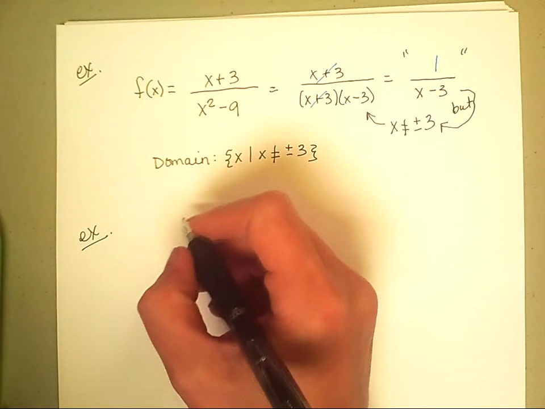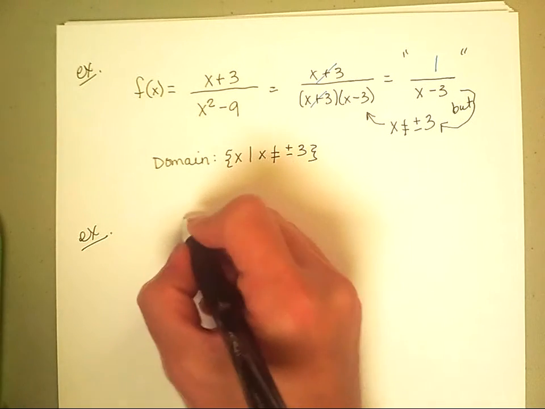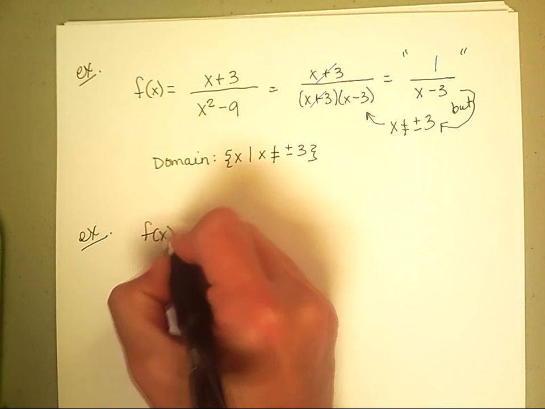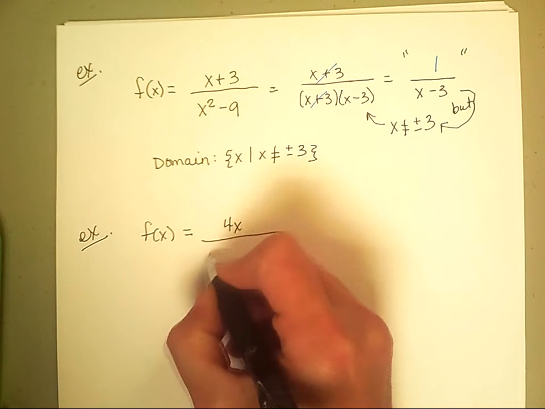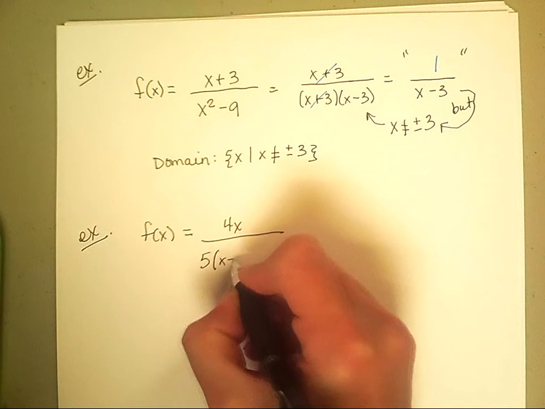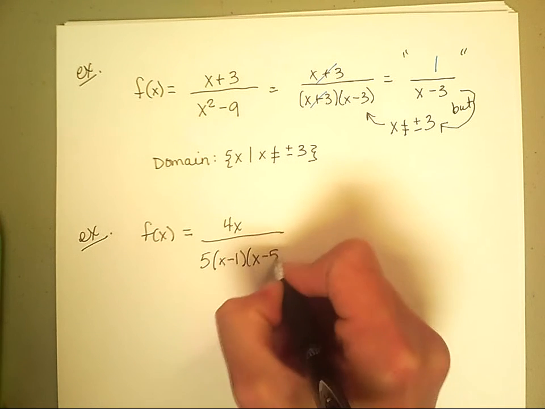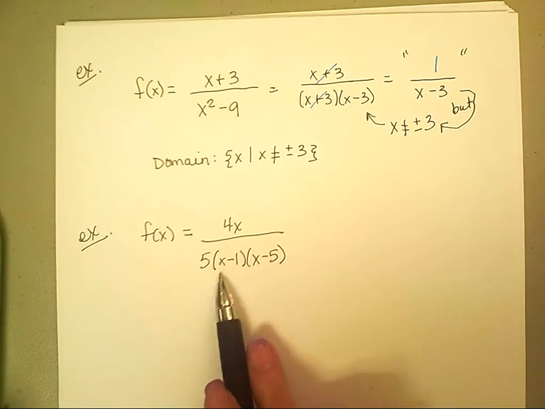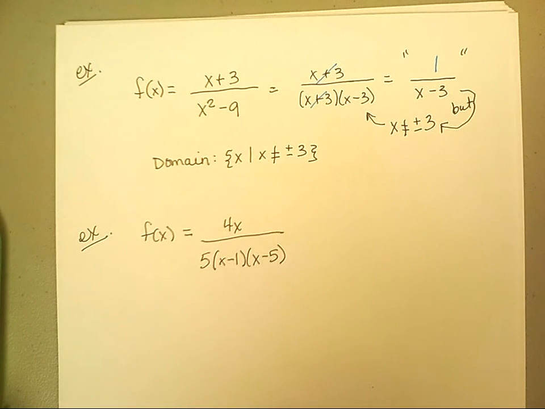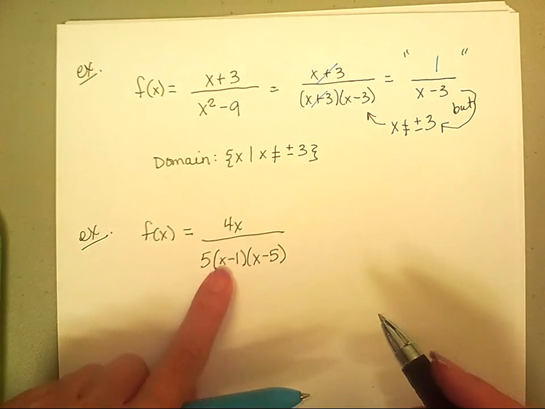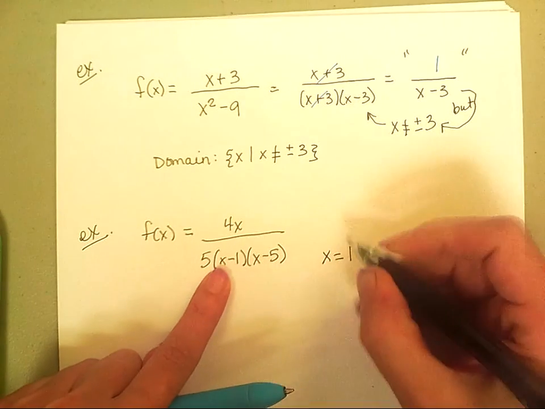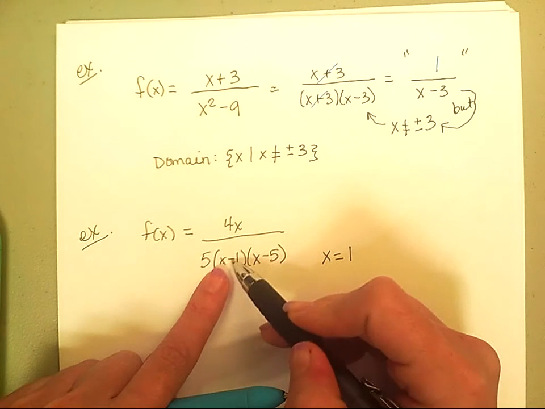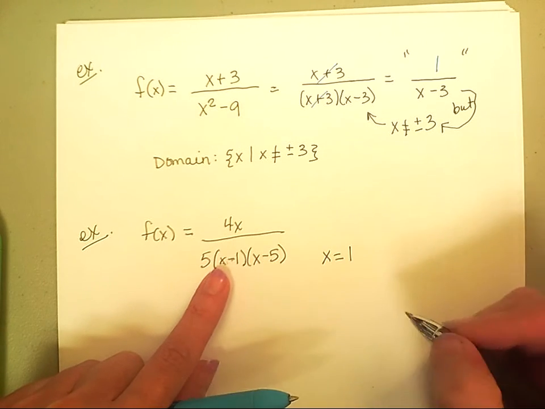Here's another one. So if we had a function that was, say, 4x over 5 times x minus 1 times x minus 5. It's very nice that this is already factored for us. From here, we can read that if x is positive 1, then we get 1 minus 1, which is 0, and 0 times anything would go to 0.